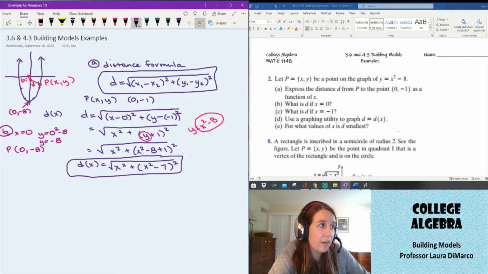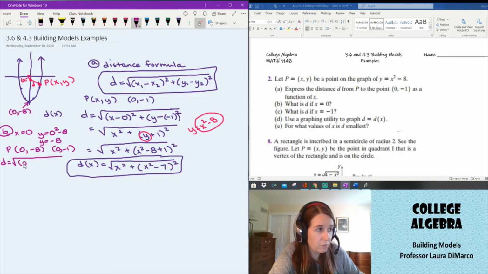Now the d, therefore, is just that vertical line between (0, -8) and (0, -1). Hopefully you know how long that is. But if you're not sure, you can use the distance formula. So the distance would be the square root, and then let's use the 2 points. The points are (0, -8) and (0, -1).